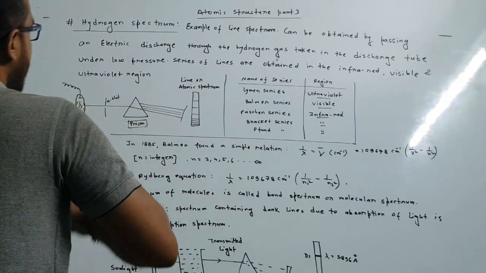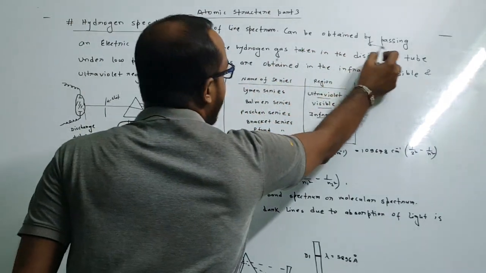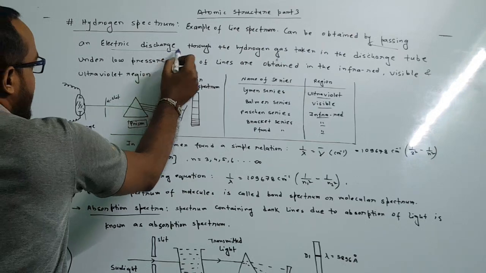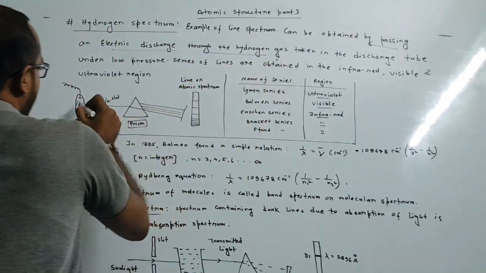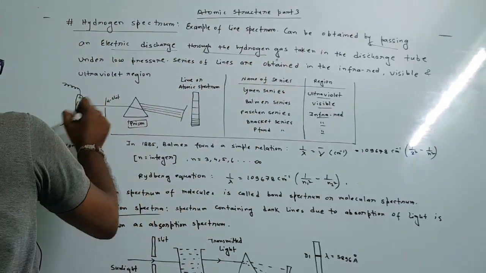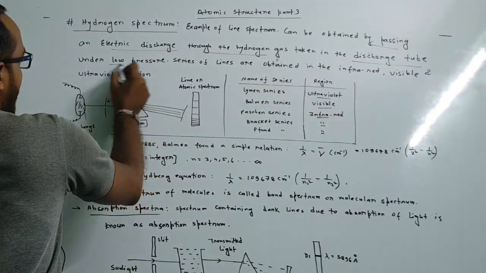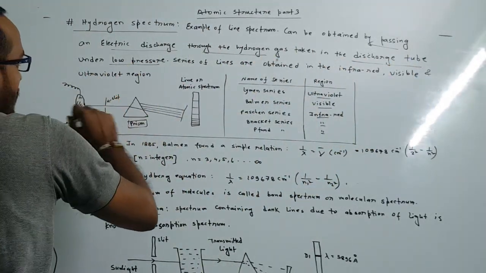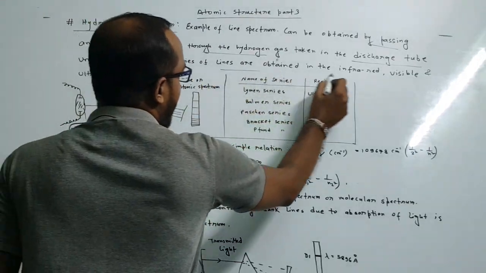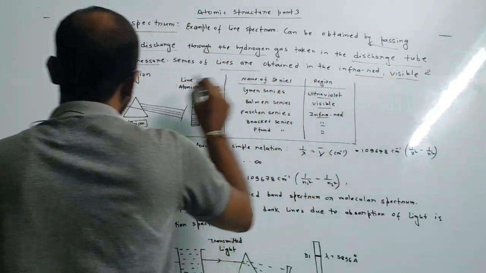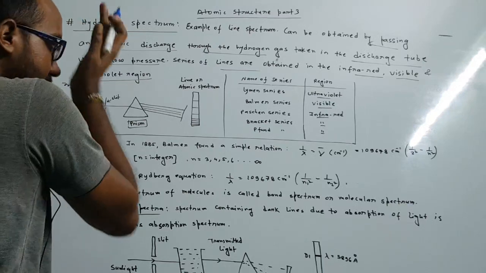This can be obtained by passing an electric discharge through hydrogen gas. You have hydrogen gas here and you are passing electricity, taken in the discharge tube under low pressure. It should be maintained at low pressure. Series of lines are obtained in the infrared, visible and ultraviolet regions.